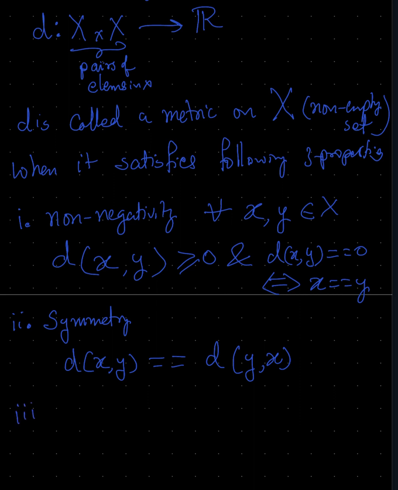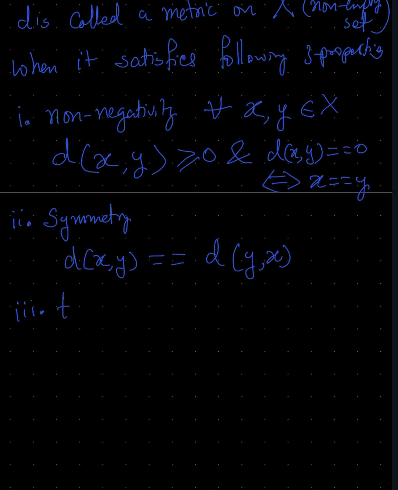The third property that needs to be satisfied is what we call the triangle inequality.